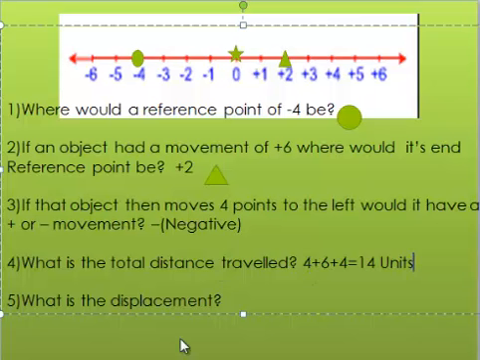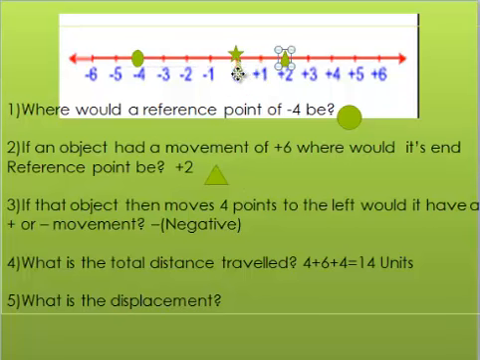What is the total displacement? And remember, displacement is found by looking at the starting point and the ending point. And our object ended at, from this positive 2, it went 4 places to the left. 1, 2, 3, 4.